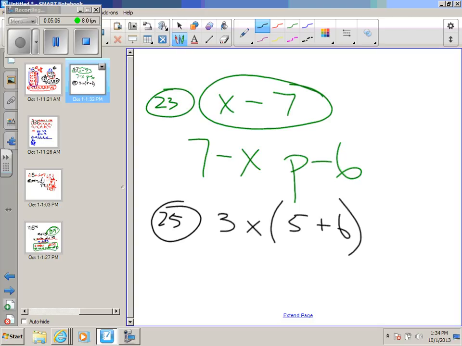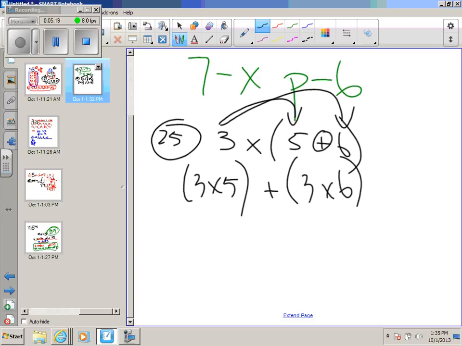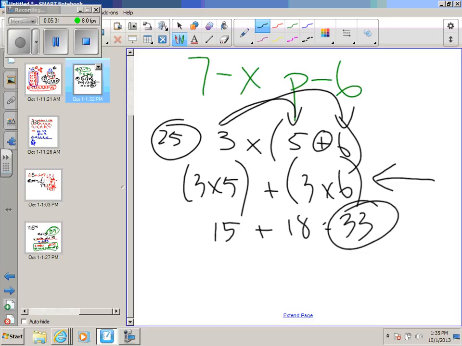So what we're going to do is take the number on the outside, 3 times 5. Since we're adding, we're going to take the number on the outside times 6. This here is evidence that you used the distributive property. 3 times 5 would be 15, plus 18 would be 33.